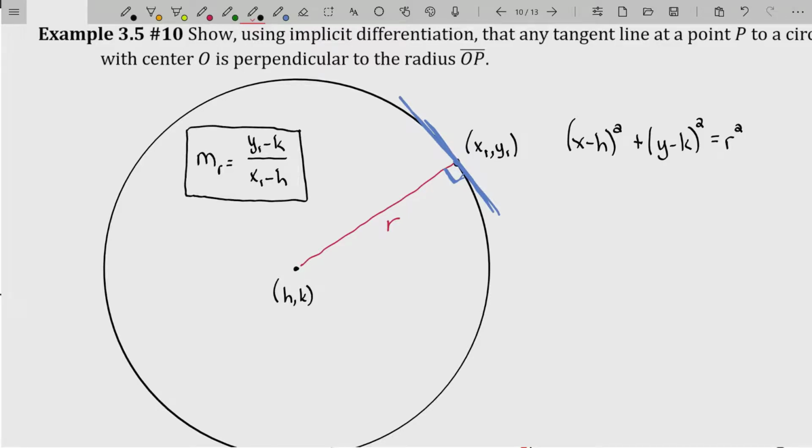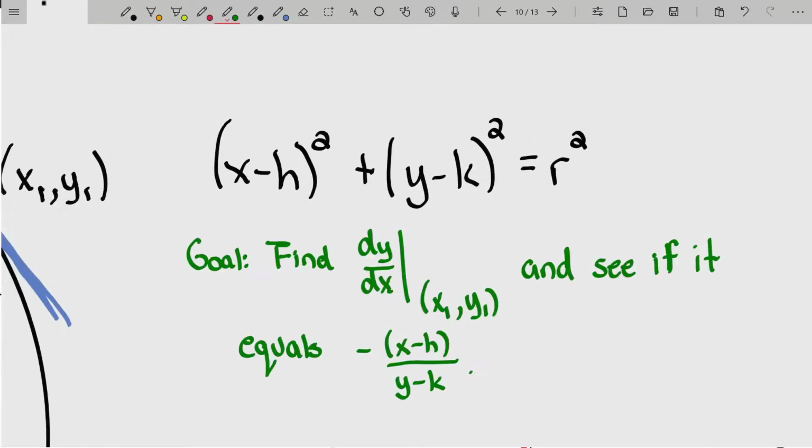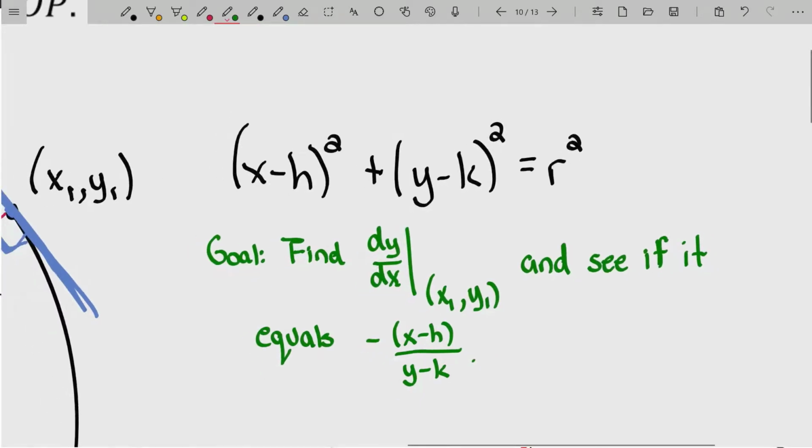Now I really hope we can find that the slope of the tangent line is the opposite reciprocal of that. And the way you could do that is to take the derivative of this and evaluate the derivative at the point x1, y1. That is, our goal is to find the derivative at the point x1, y1 and see if it equals, not the slope of the radius, but the opposite reciprocal of the slope.